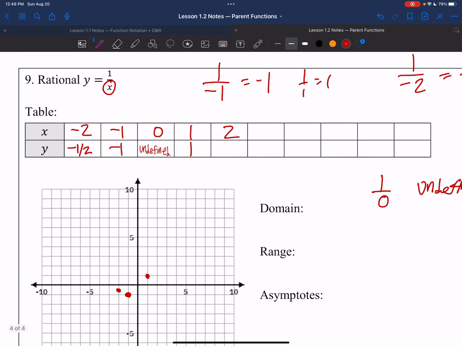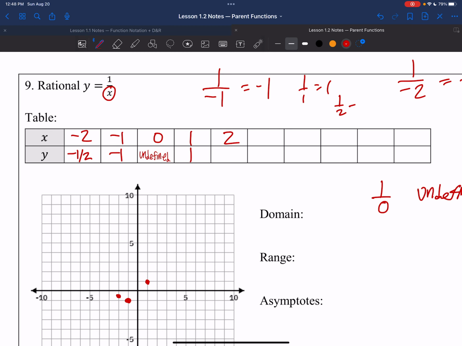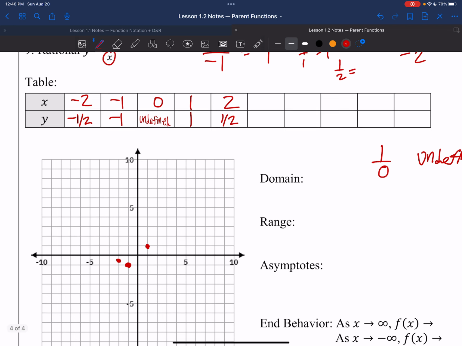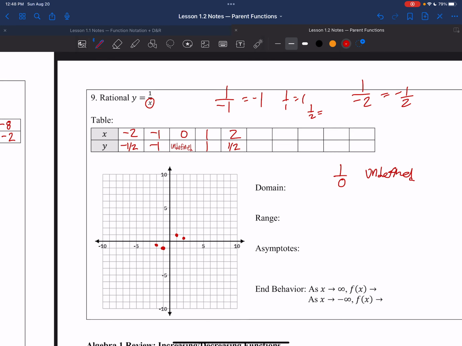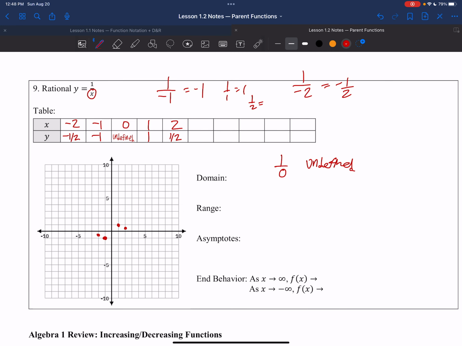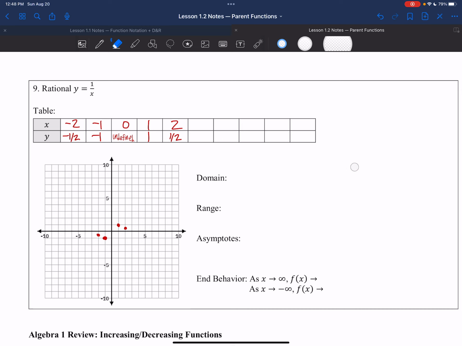And then I get 1 divided by 2, which is 1/2. So at 2, it's 1/2. But this is not nearly enough information. It just isn't. Okay? So I need to figure out some more points. I have no idea what this looks like, right? Is it this? What is it, right?